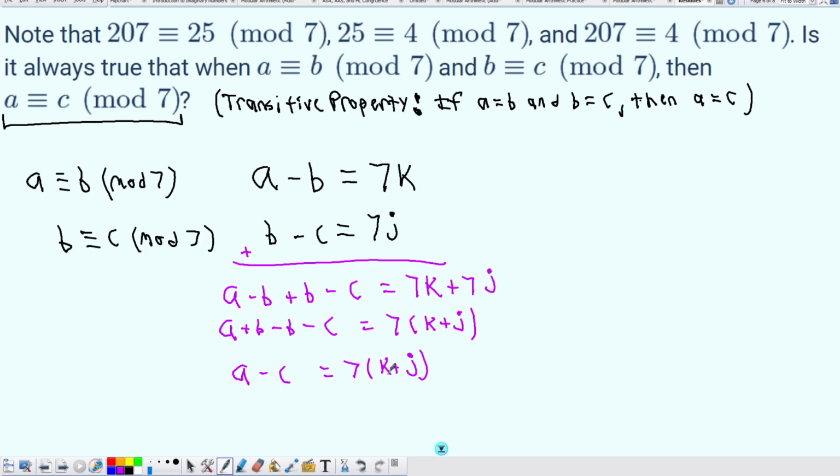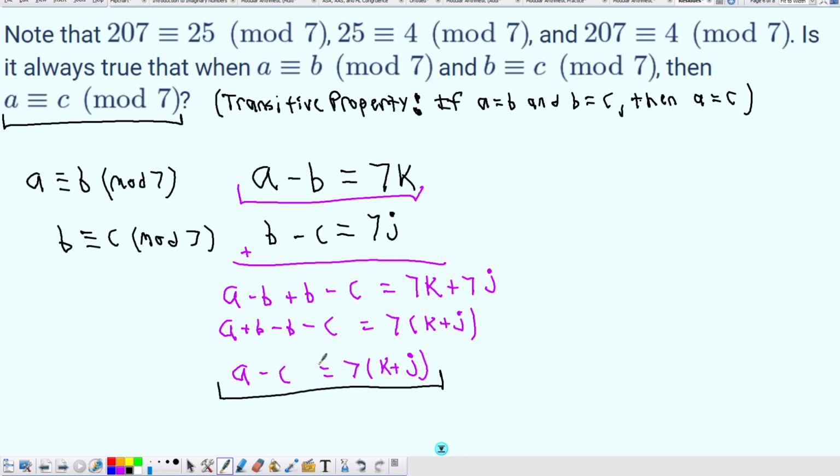Interesting. This precisely follows that definition, where if I have this, that means I also have that. So what this is saying is that the difference of A and C is equal to 7 times k plus j.